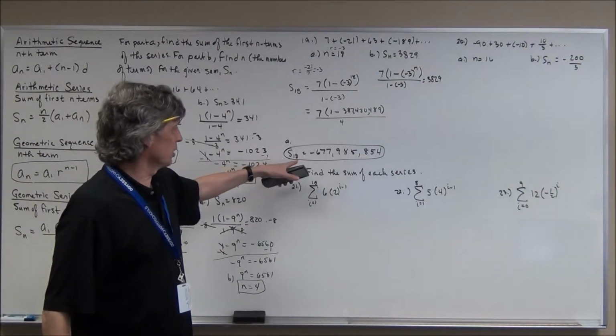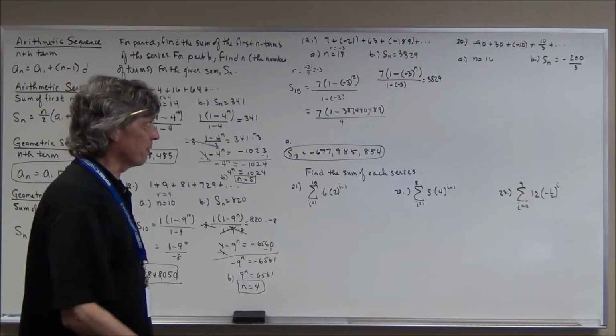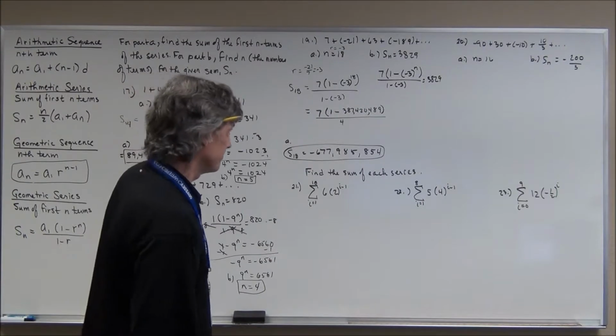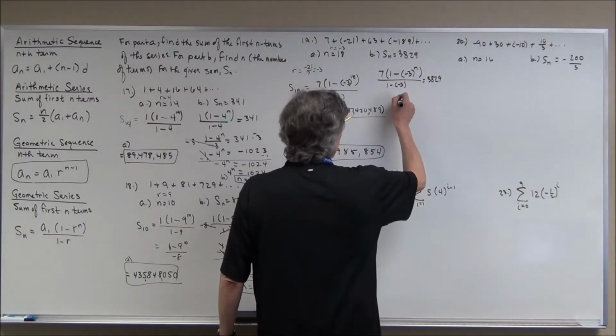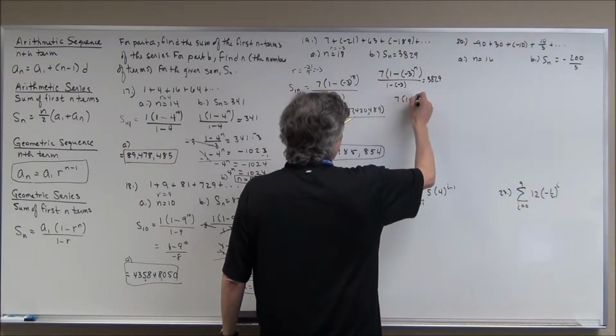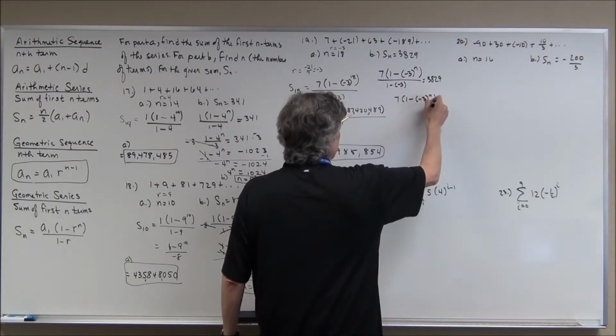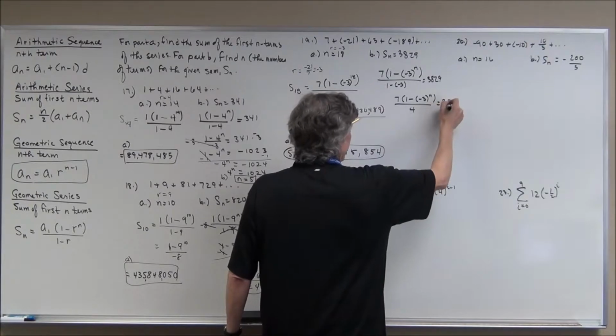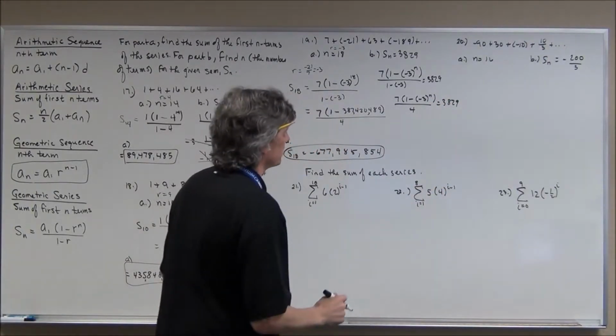Again, I don't think this is going to be a very big number, because look what happens when I get to 18, so it's going to be a lot less than 18. And it's positive, so probably the last number I add is a positive. That's how it turns out. So this is 7 times the quantity 1 minus a negative 3 to the n, all over 4, equals 3829. I'm definitely going to have to erase some here.